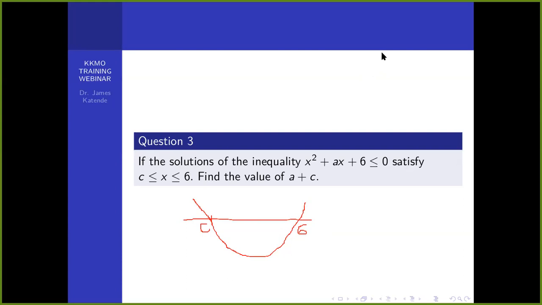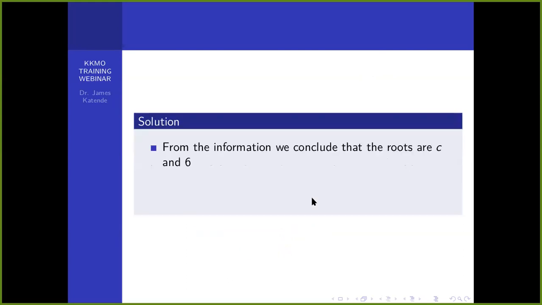So we can use this information to find the solution to this problem. As I've illustrated, from the information, we can conclude that the roots are c and 6. So if the roots are c and 6, we can factorize this quadratic in this manner. These are the two factors, x minus c and x minus 6.